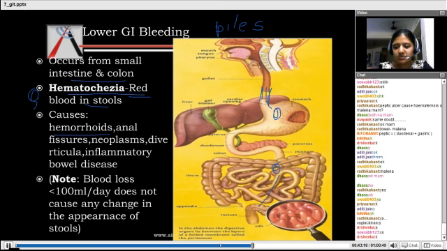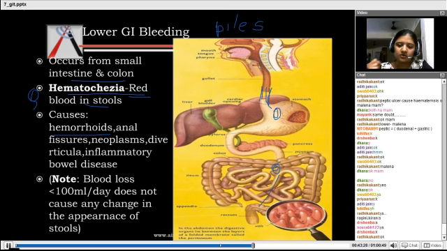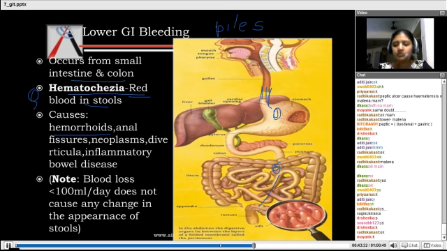So what will happen? There will be an increase in the pressure. The patient is going to have a problem in defecation. So, with the increase in the pressure, in order to pass the stools, there will be a rupture of the blood vessels in and around that region, causing loss of blood from the stools. So that condition is hemorrhoids or piles.